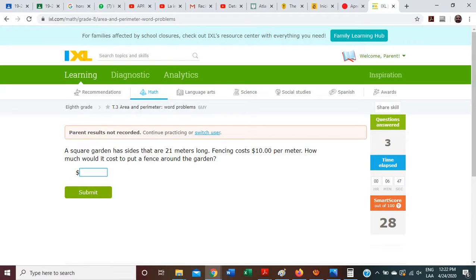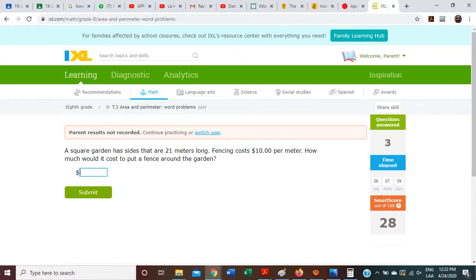Okay, so let's do another two. A square garden has sides that are 21 meters long. It's a square garden, so all of the sides are the same, 21 meters long. Fencing costs $10 per meter. So how much will it cost to put a fence around the garden?